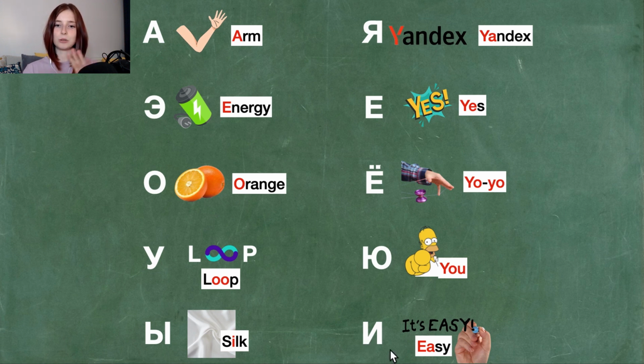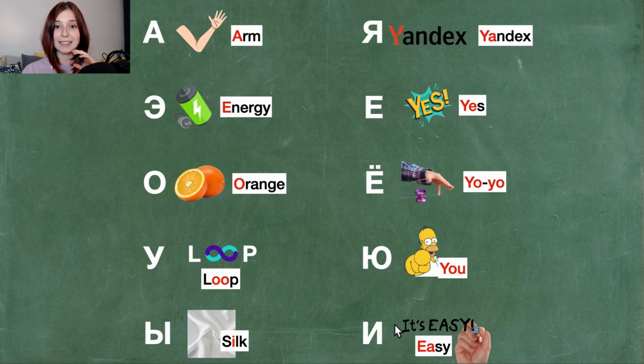Okay, let's do the whole thing again. A, Ya. E, Ye. O, Yo. U, Yu. And Ы, which sounds like that. And И.